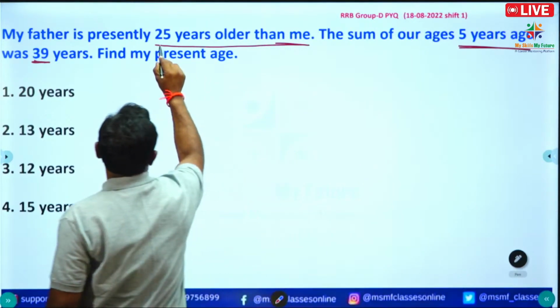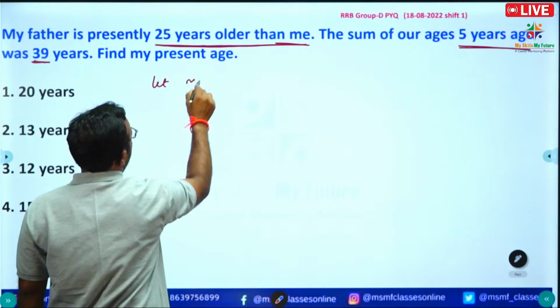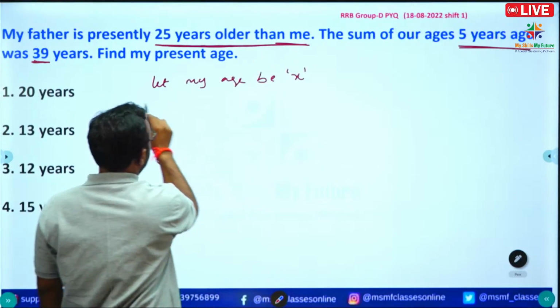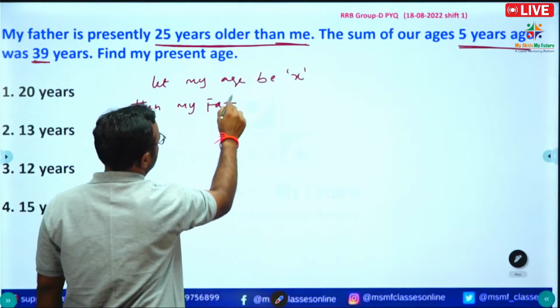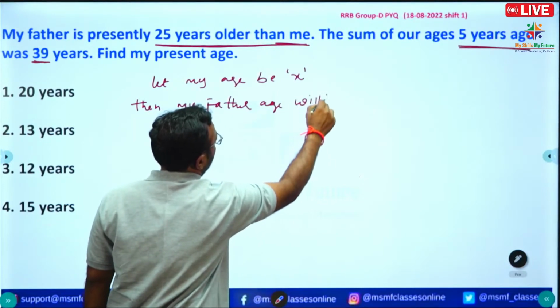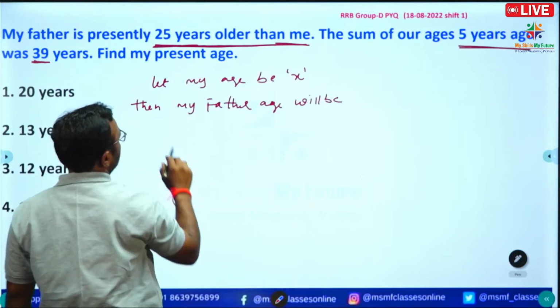Let my age be x. Then my father's age: what is given? My father is 25 years older than me.